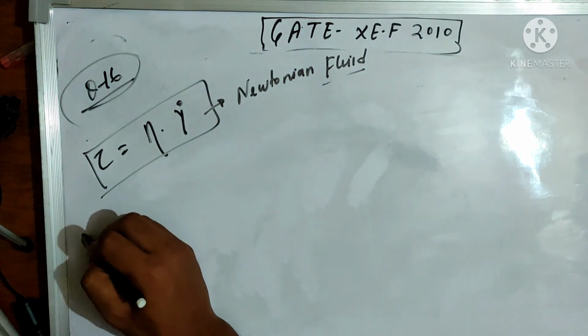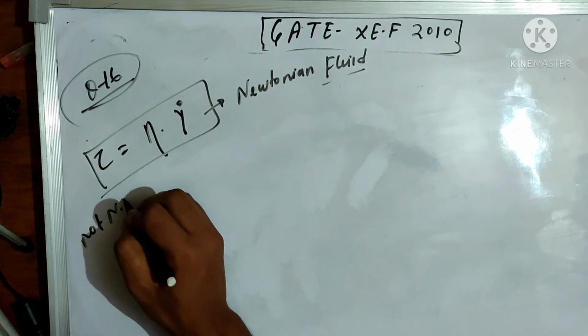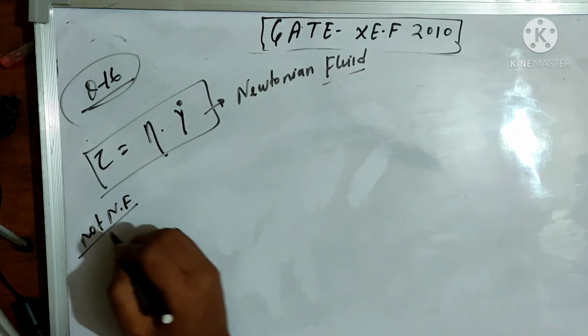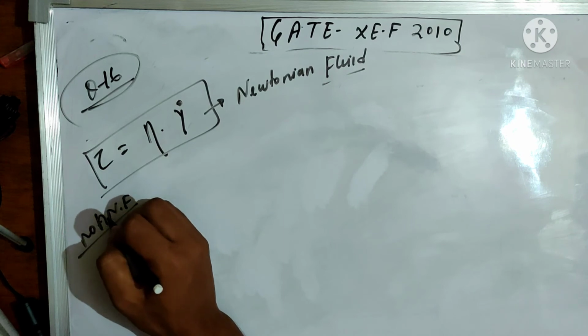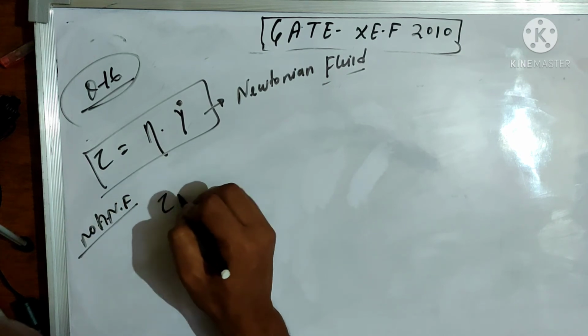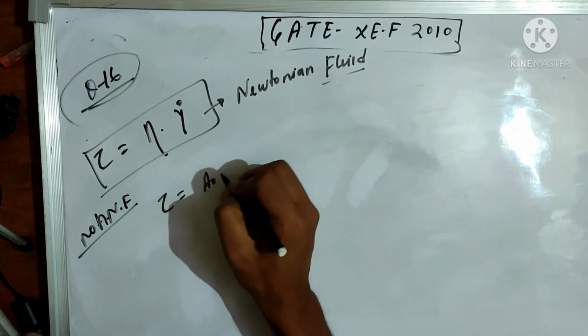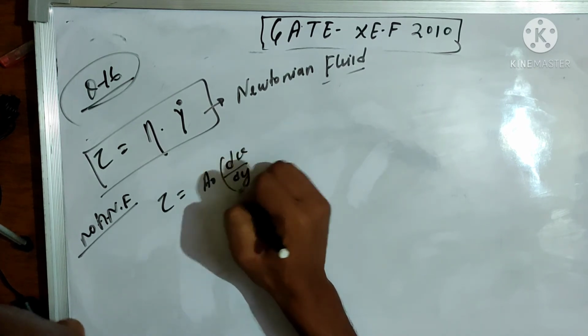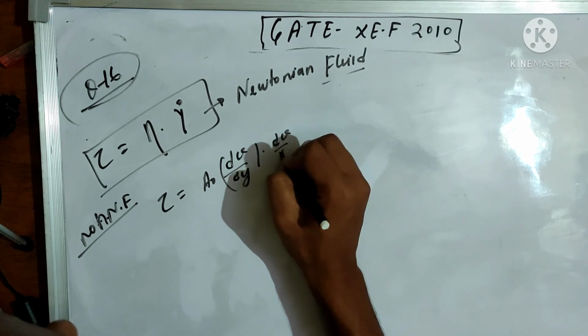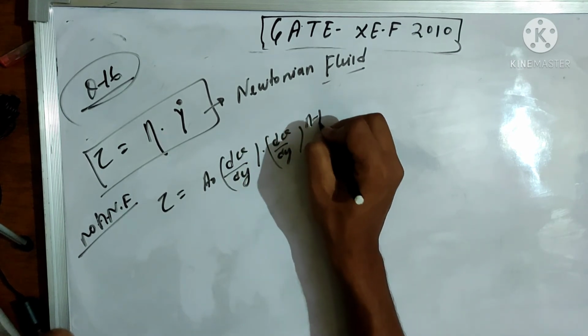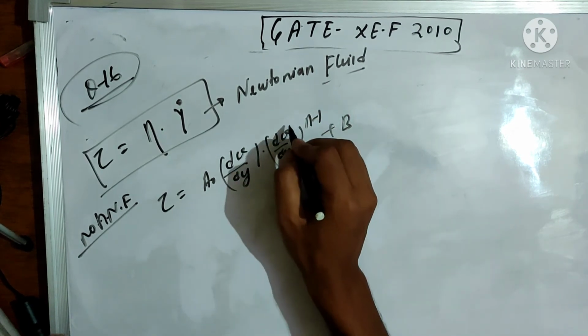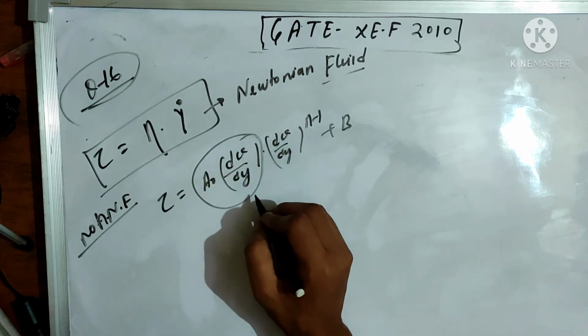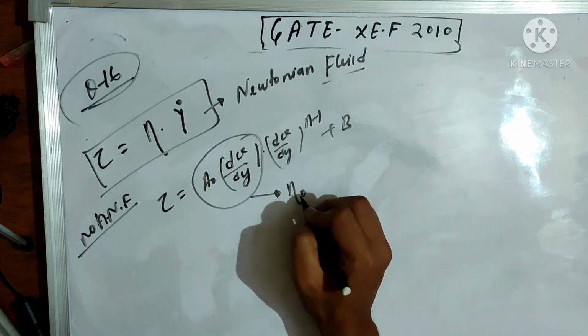But for non-Newtonian fluid, the shear stress is given by A naught times (dV/dy) to the power n minus 1, plus b. This term is known as the apparent viscosity, given by sigma naught.